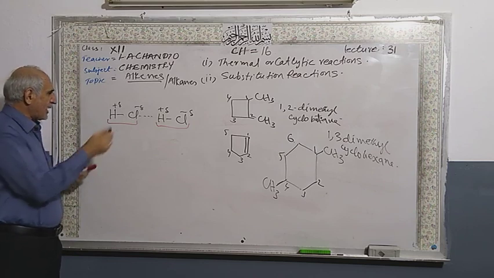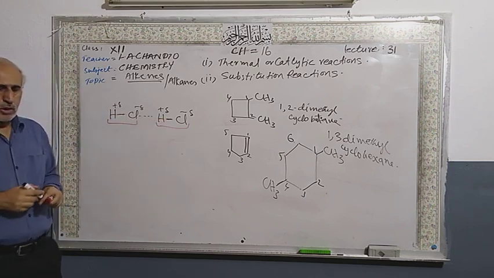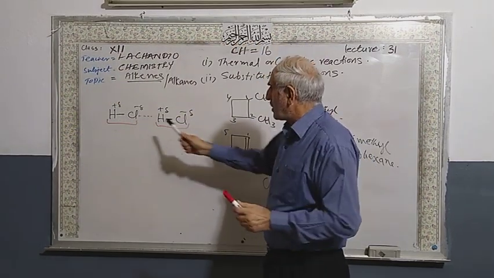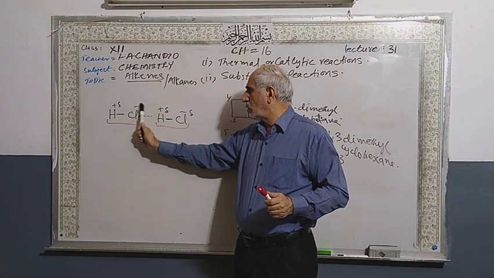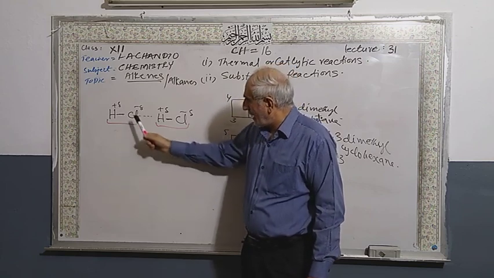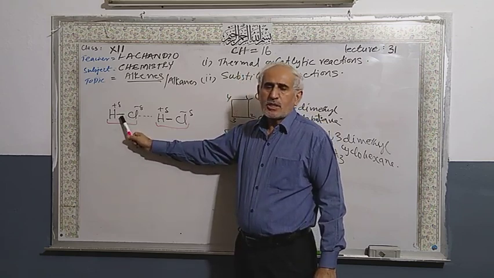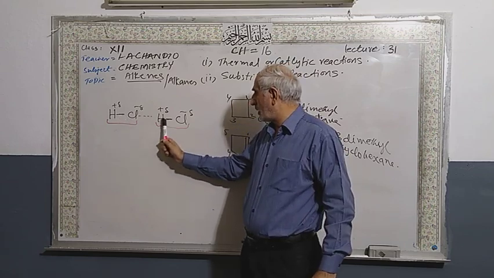This single straight line is called a covalent bond. This is between hydrogen and chlorine, and I told you this is a polar bond. This is also a polar bond. This is between hydrogen and chlorine by a single covalent bond, by mutual sharing of electron pairs. This is a mutual sharing.